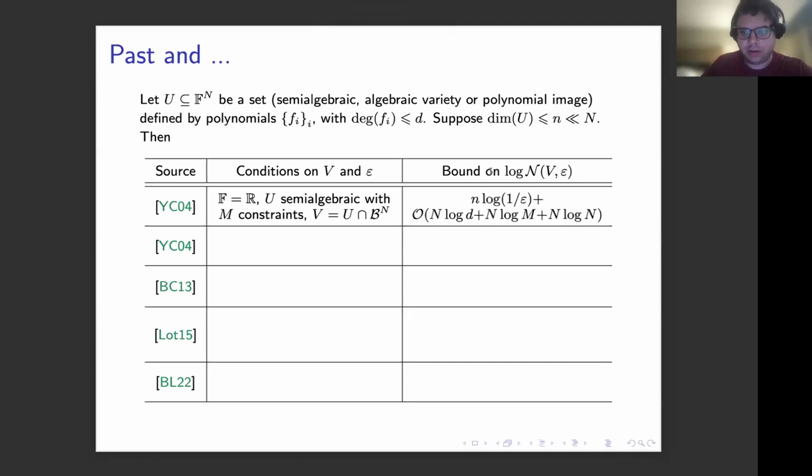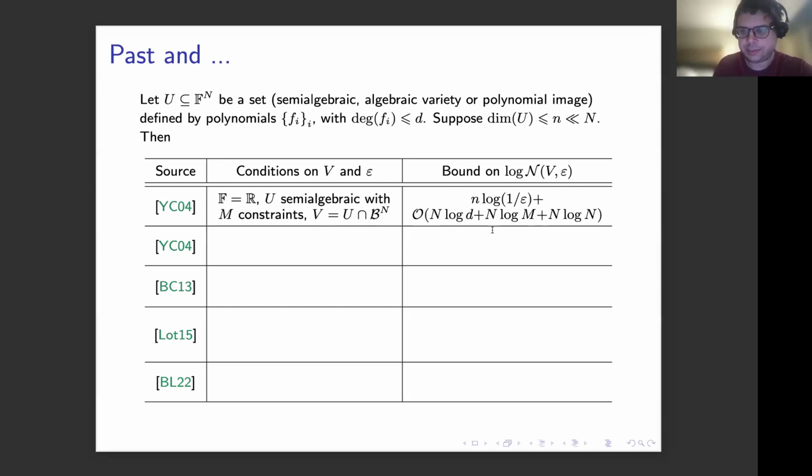Okay, so I'll report bounds on the so-called metric entropy, which is the logarithm of the covering number. Okay, so Yomdin had this upper bound, little n, that's dimension times log 1 over epsilon. This here is what you would get if your space were just a linear space. If you were just a linear space of dimension little n, you would just obtain n times log 1 over epsilon.